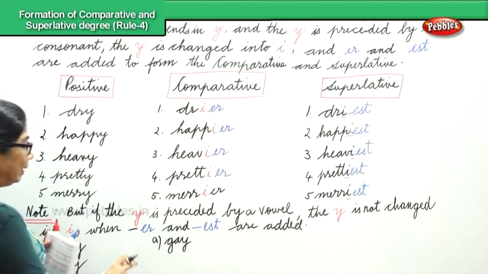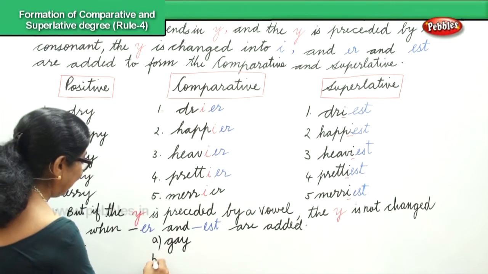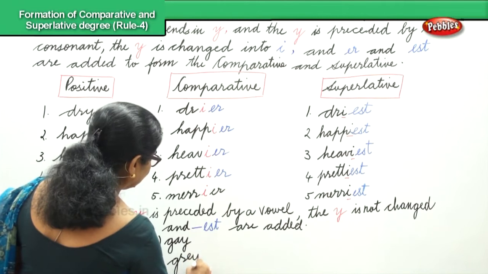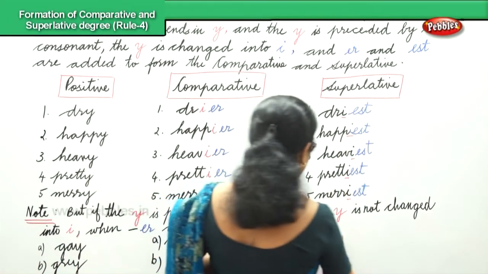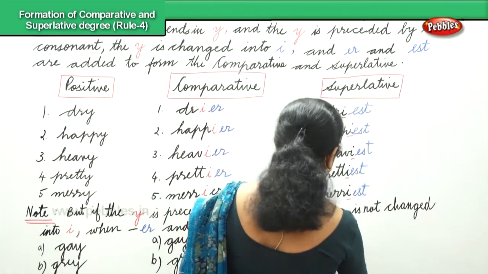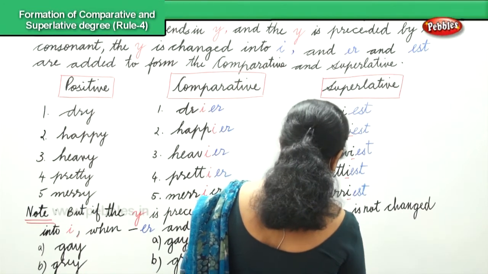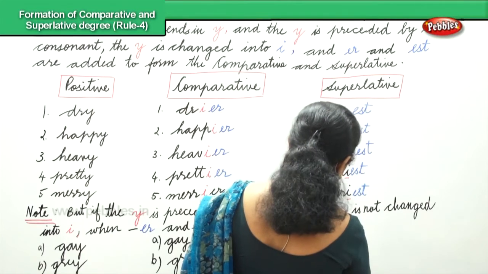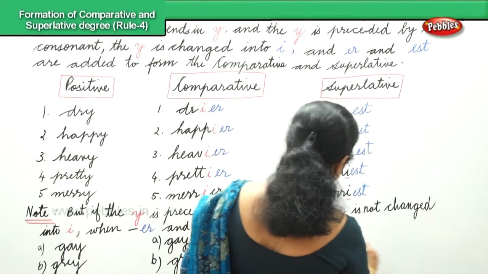You simply add ER here. Gay and grey. And the superlative, gay, grey.